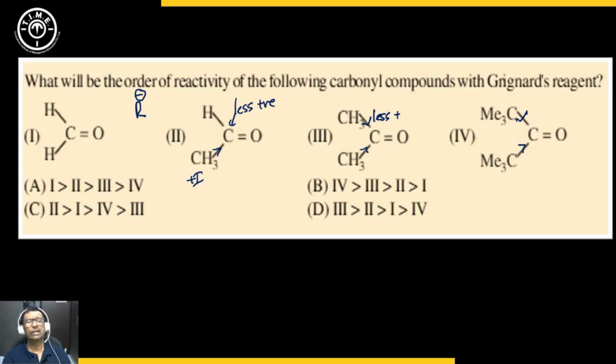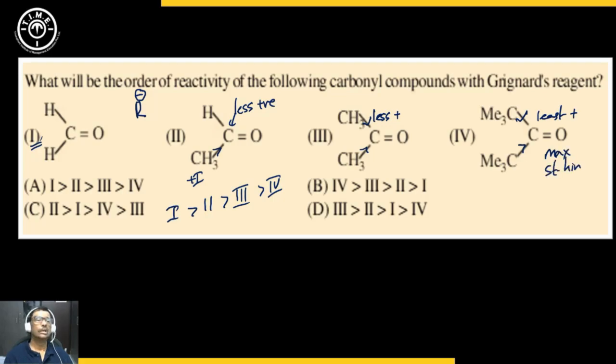And sterically, 1 is the best. So sterically and electronically, if you're looking at it, 1 is greater than 2 is greater than 3 is greater than 4. 4 has least positive charge and maximum steric hindrance. Here maximum positive charge, minimum steric hindrance. Correct? That is how A is the answer. Clear?